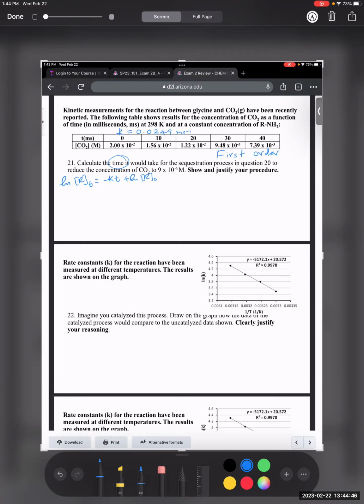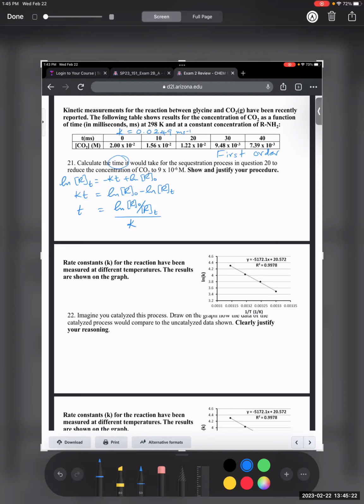All right, let's do this. From this, we can rearrange to say kt is equal to natural log of the initial concentration minus natural log of the concentration at time t, and therefore t is equal to natural log of the initial concentration divided by the concentration at time t, divided by the rate constant.